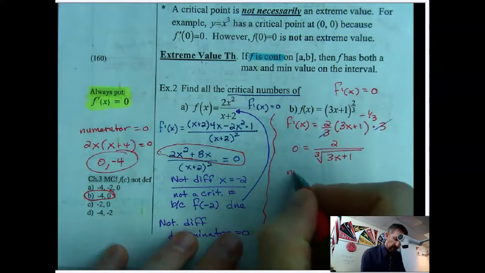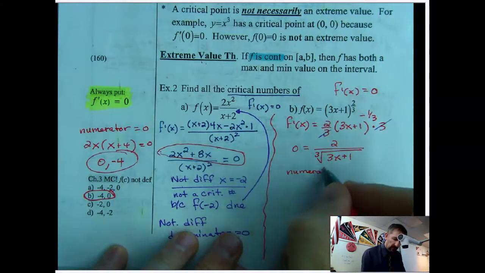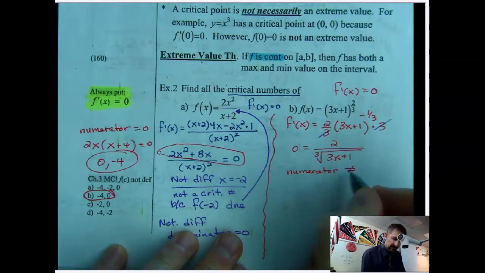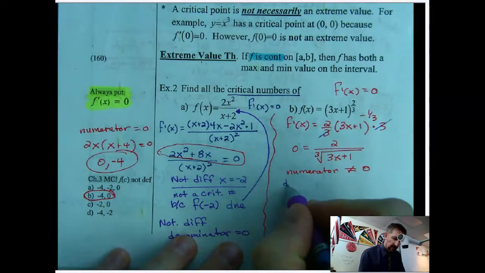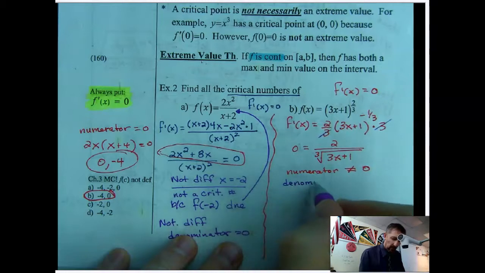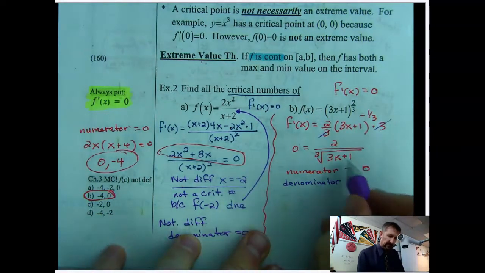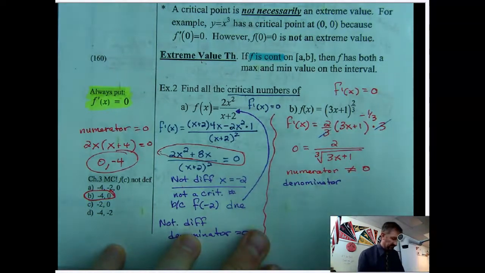Alright? Now, the numerator here does not equal 0. So the derivative is not equal to 0 anywhere. Now, the denominator, where is this not differentiable? The denominator, if we set that equal to 0, and we cube both sides, we would get 0 equals 3x plus 1.